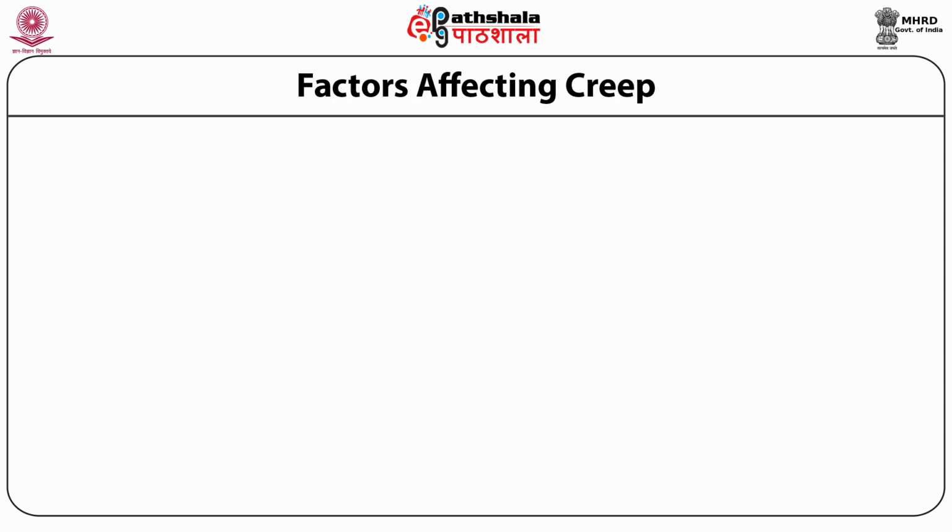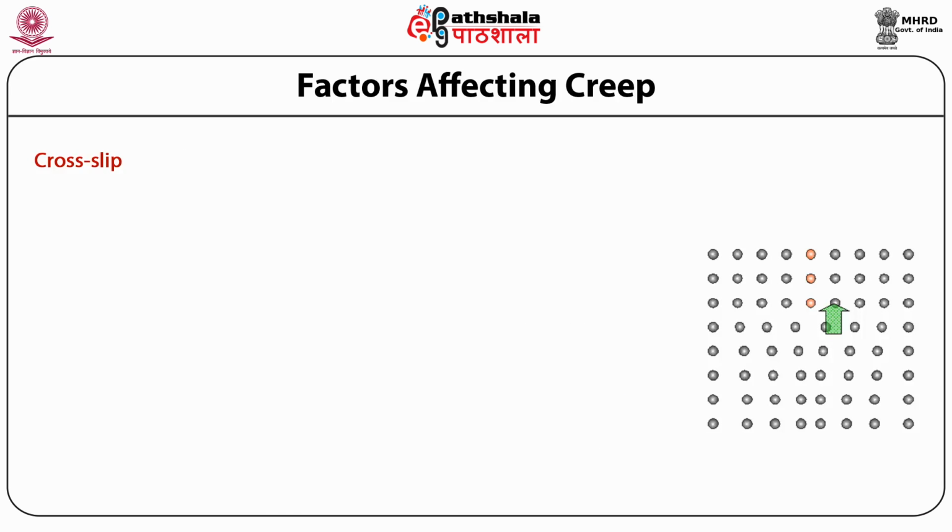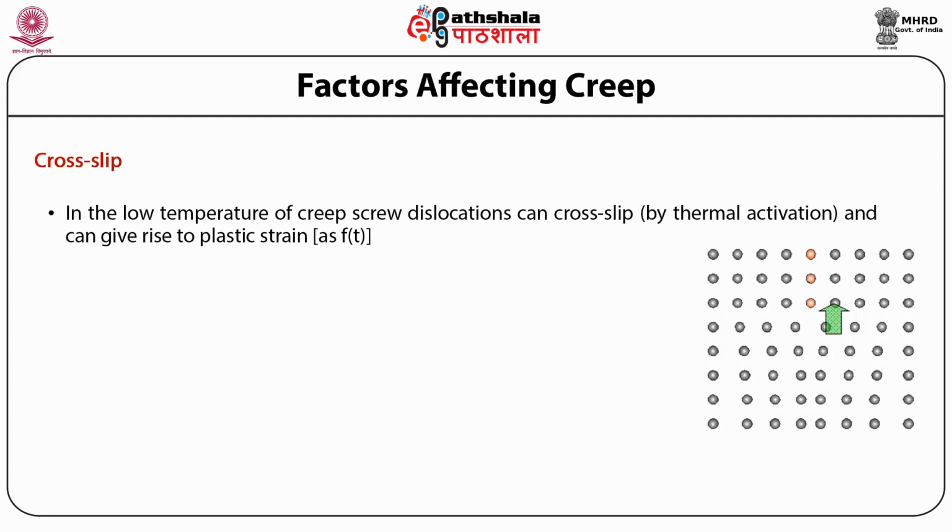Let us know what cross slip and dislocation climb are. Cross slip: in low temperature creep, screw dislocations can cross slip by thermal activation and can give rise to plastic strain as a function of temperature. The next is dislocation climb.